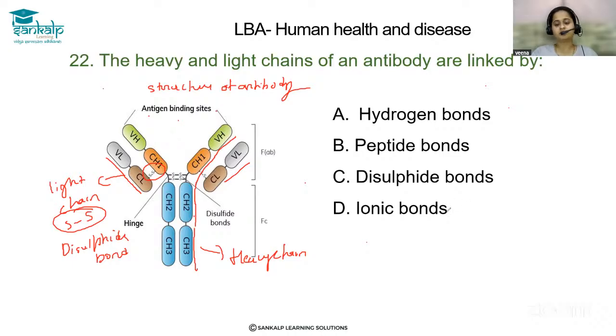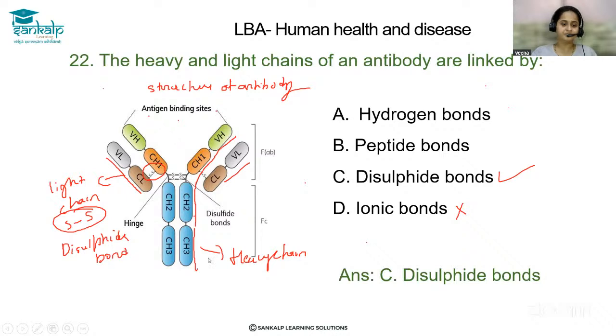Ionic bond is also not correct. So the correct answer is option C, disulfide bond, present between the heavy and light chain.